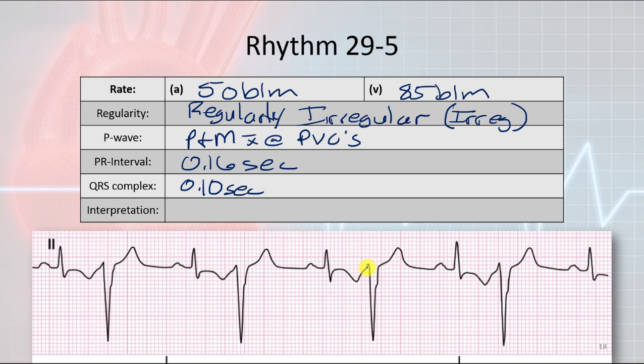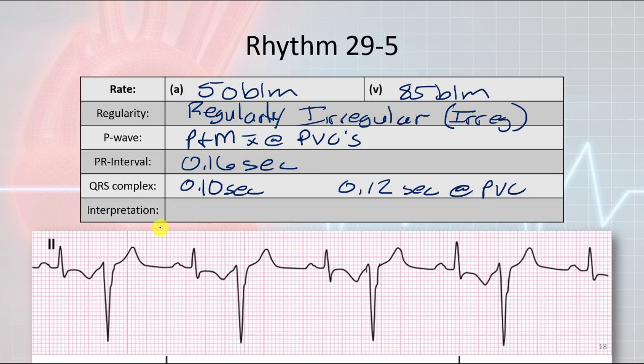The PVCs, see how this PVC comes up and then it kind of doglegs up like that? That's the beginning of the QRS complex. This would be a good ending of the QRS complex, so we're looking at about 0.12 second at the PVC.